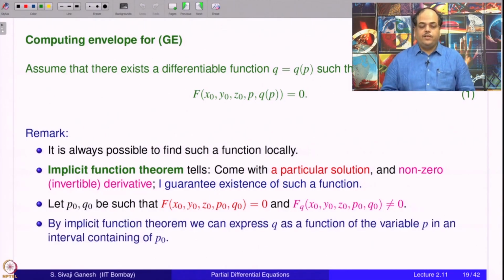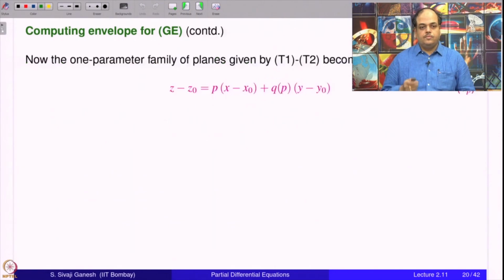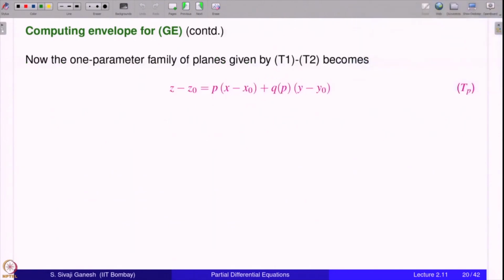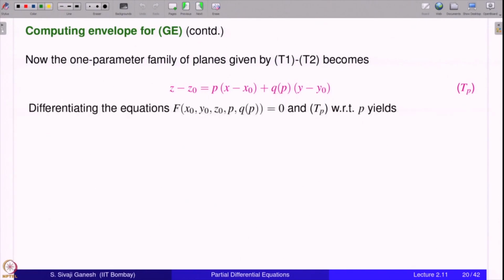That is the implicit function theorem. Therefore, the one parameter family of planes becomes simply one equation now, because I have solved q in terms of p and I put it here. Now, the only thing to do is differentiate this equation with respect to p and we get this equation.